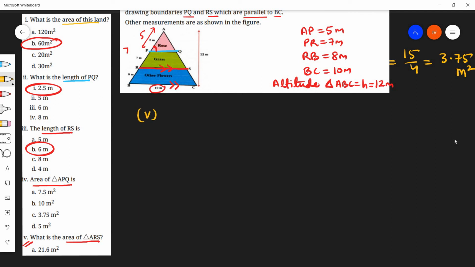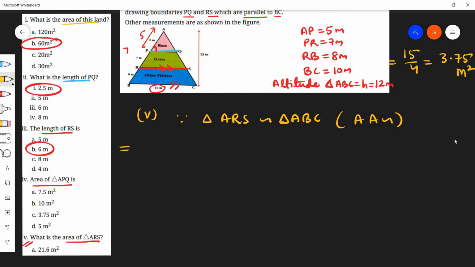For the fifth bit, since triangle ARS is similar to triangle ABC, this also we proved in the before bit. How are they similar? They are similar by angle similarity. Why? Because angle ARS is equal to angle B, corresponding angles, and angle A of ARS is equal to angle A of ABC.